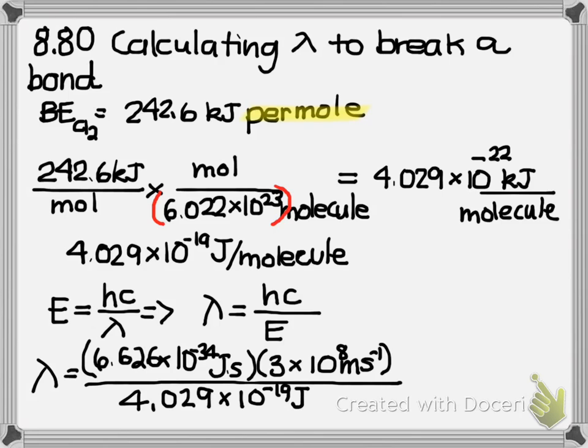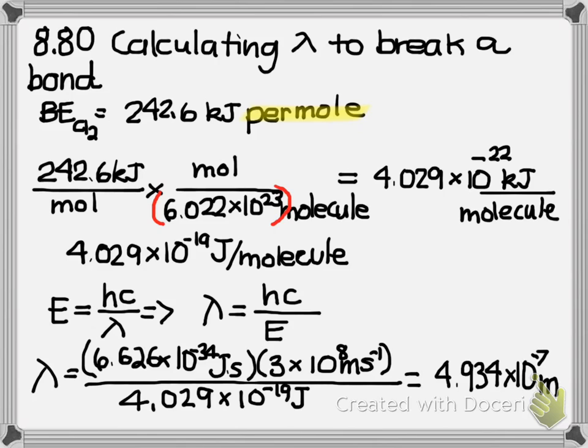Looking at your units, you'll see that everything will cancel except for the meters. And the answer that you get is 4.934 times 10 to the negative 7 meters.